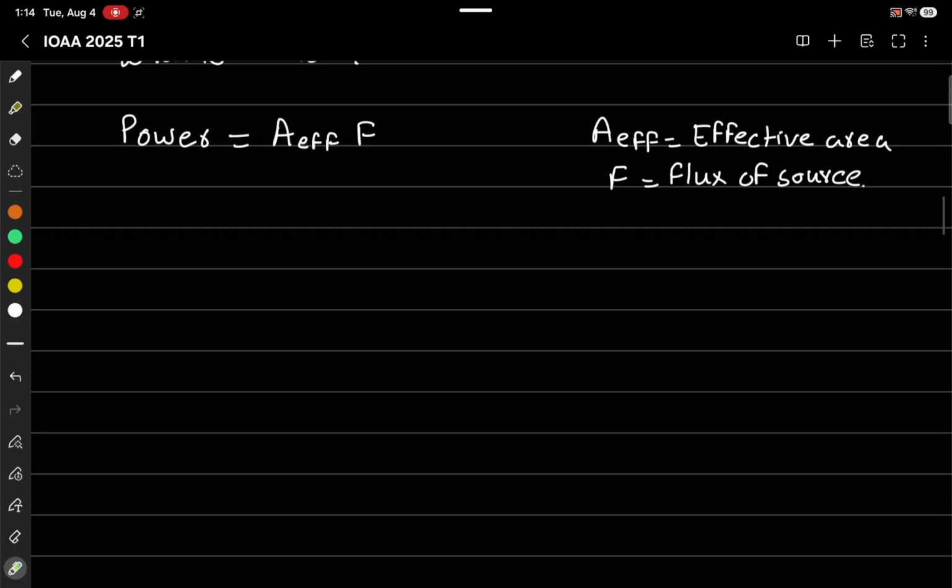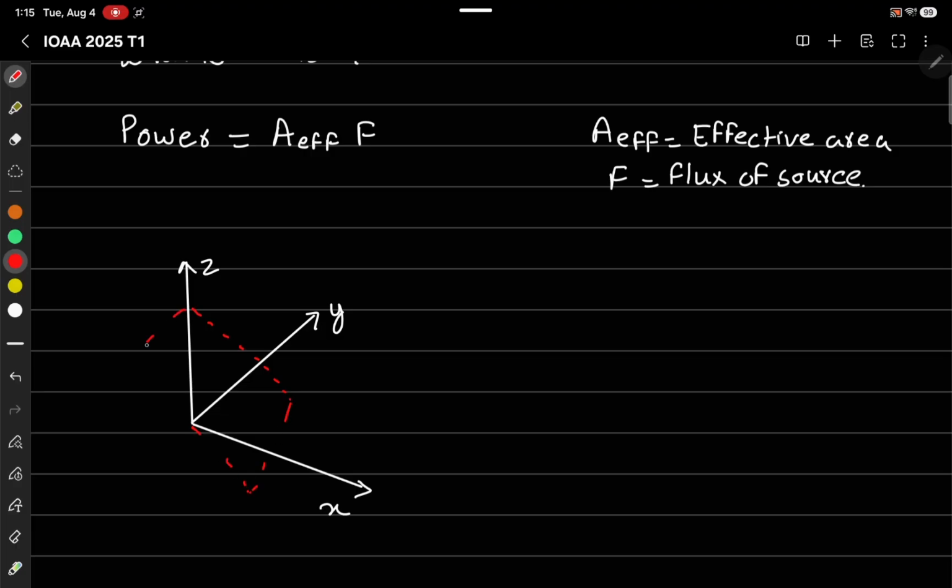So in 3D, if this is my y, this is my x, and this is my z, my detector would lie like this. This is not an exact image, but it's a conceptual image.